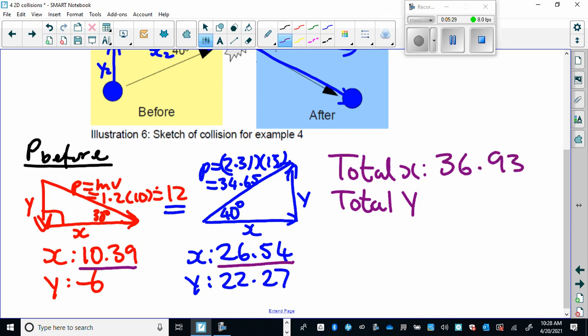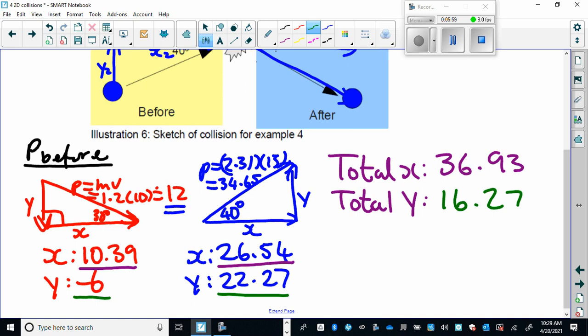I'm going to leave out the units, we just know we're talking about momentum, kilograms meters per second. Your total y, and be careful here because one's negative and one's positive, so 22.27 plus negative 6 turns out to be 16.27.